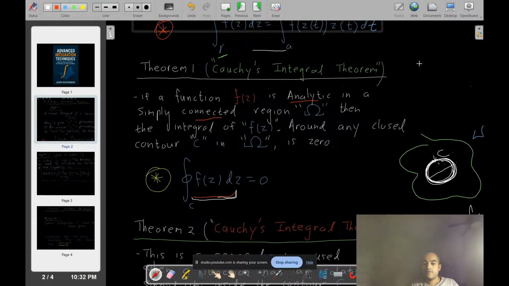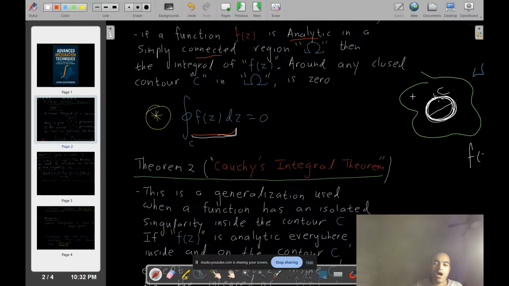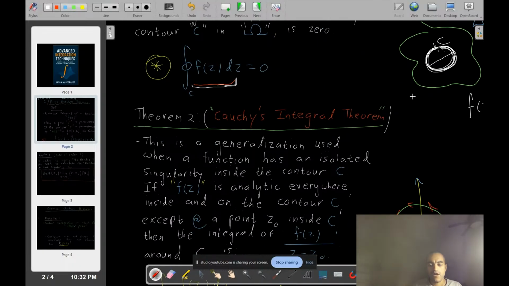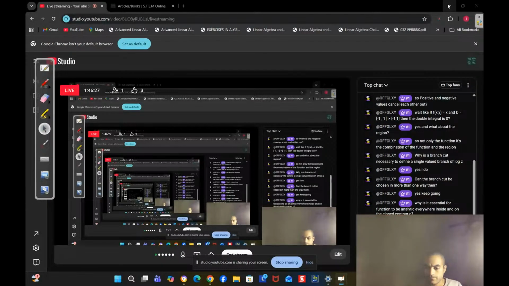If it's not analytic and simply connected, then it will result in a non-zero integral. That makes sense?